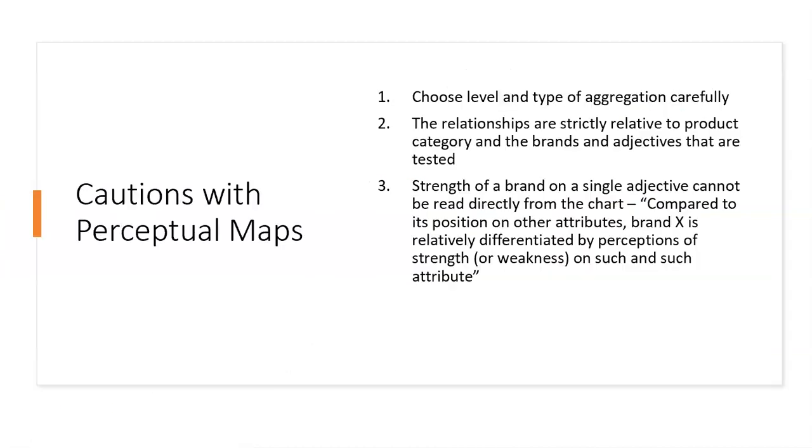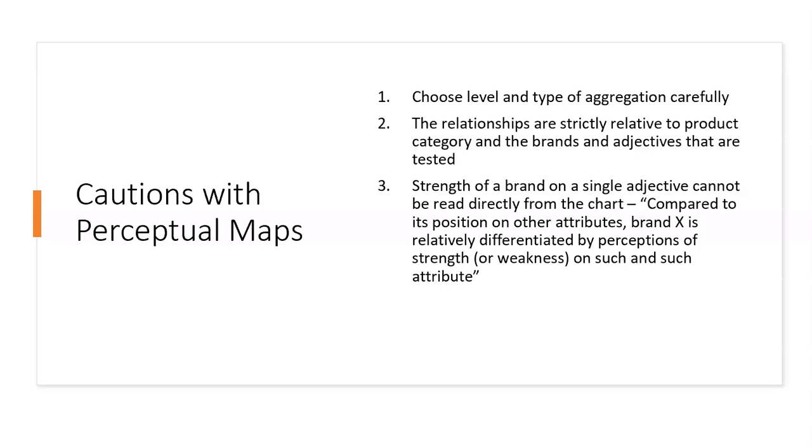There are some cautions with perceptual maps. First, choose the level and type of aggregation carefully, like we aggregated it based on mean. Second, the relationships are strictly relative to the product category and the brands and adjectives that are tested. So it's very relative.